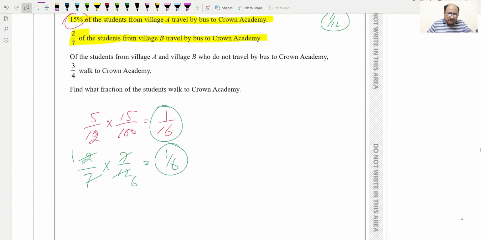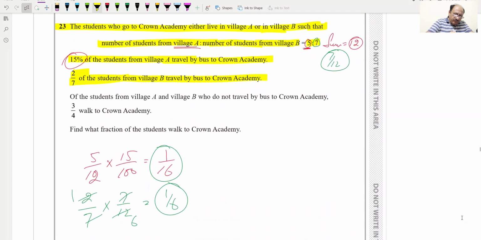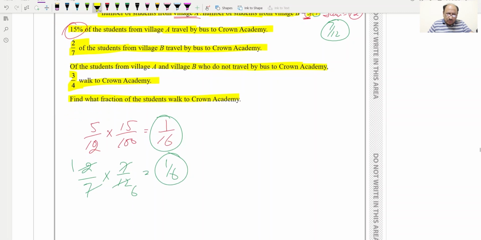Now they are saying of the students from village A and village B who do not travel by bus to Crown Academy, 3 by 4 walk to Crown Academy. Find what fraction of the students walk to Crown Academy.